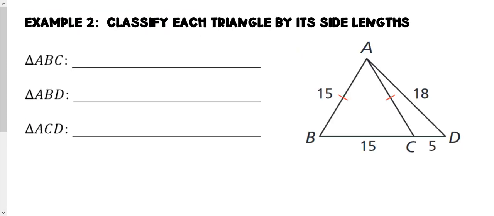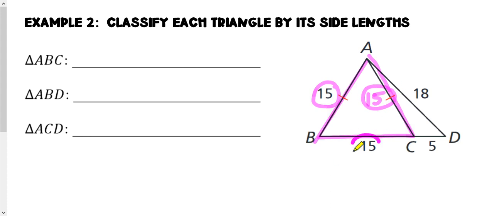All right, so let's classify triangles now based on their side length. The first one is triangle ABC. If we trace ABC, we've got that triangle there. So AB is 15. And notice the congruent markings. So AB is also congruent to AC, so AC is also 15.